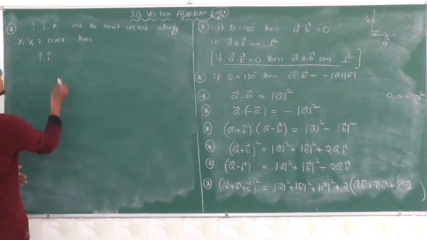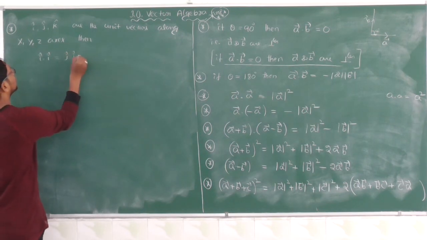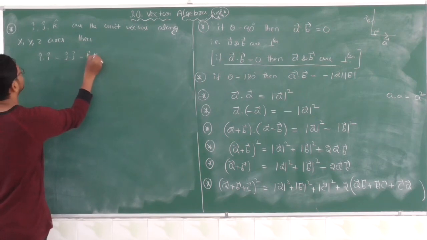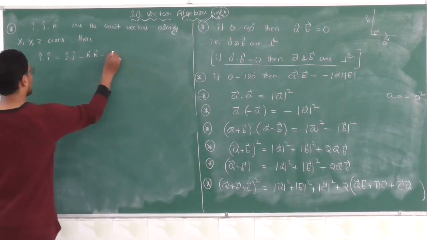So i dot i is what? j dot j is what? k dot k is what? The dot product of two same unit vectors is 1.